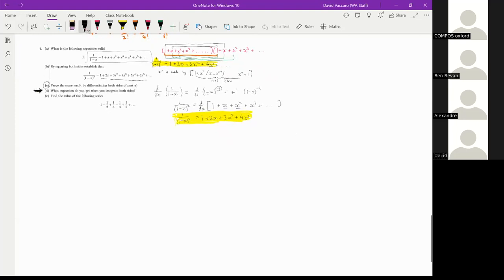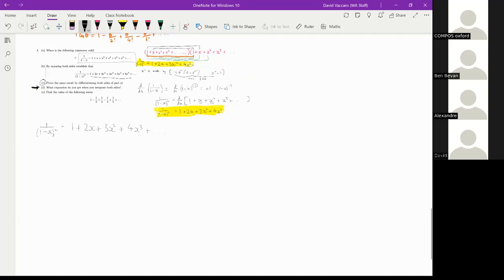So I'm going to start with this expansion: 1 over 1 minus x all squared.